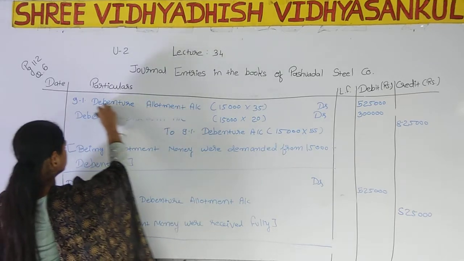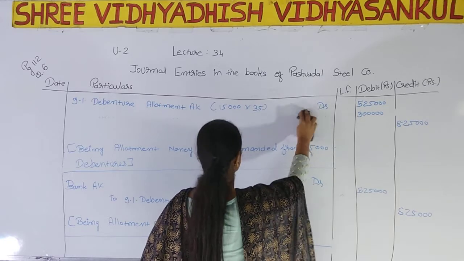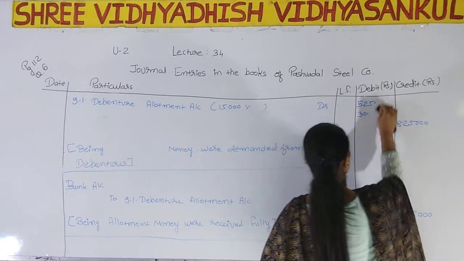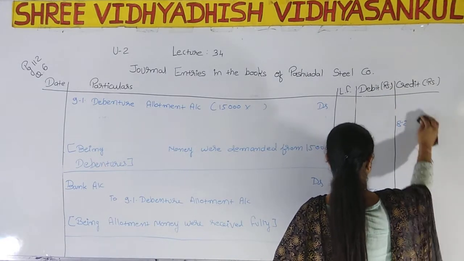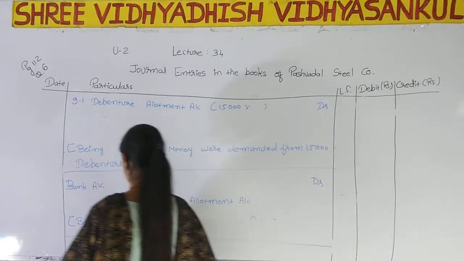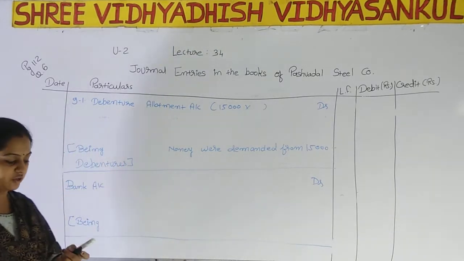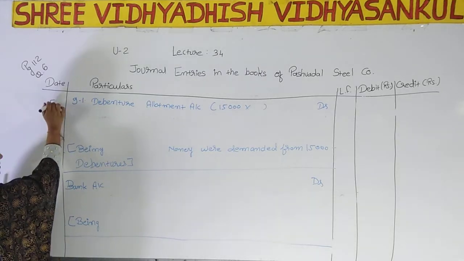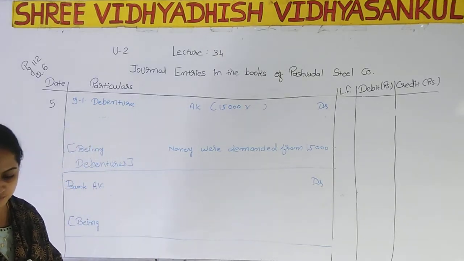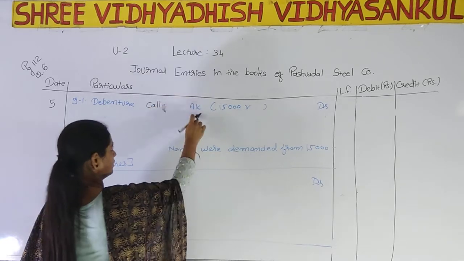In final call, we have not given discount, so we will not give that. The fifth entry will be 9% debenture call account debit.